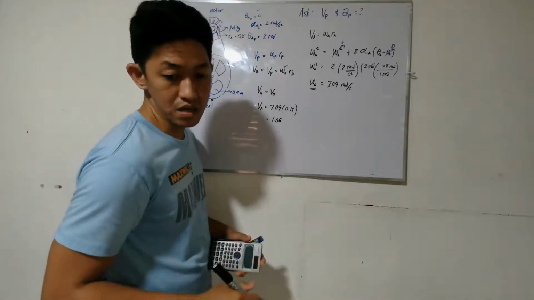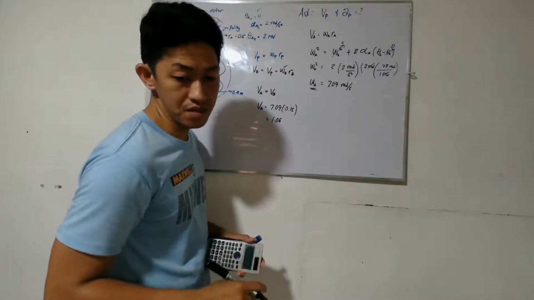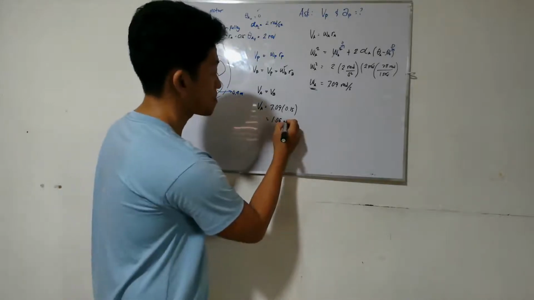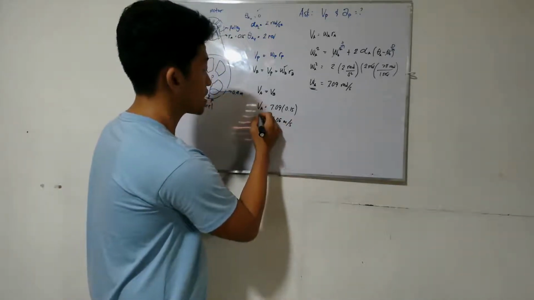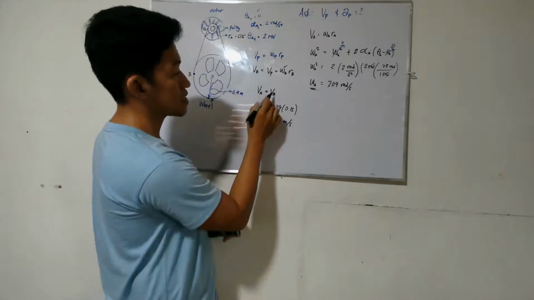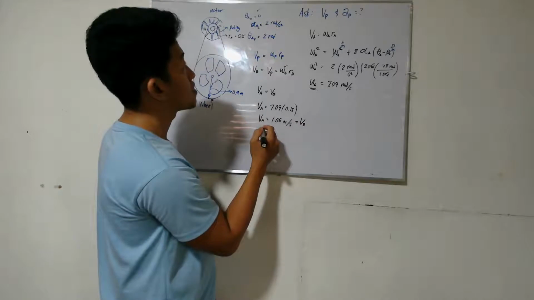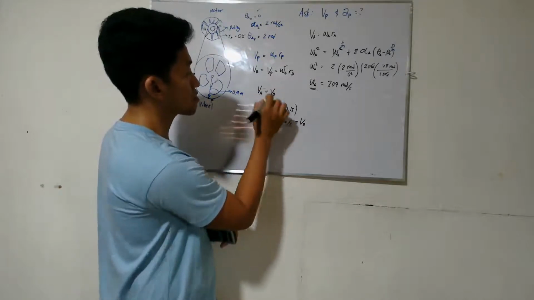The unit is meter per second. Okay. VA, again, is just equal to velocity B, and velocity B is just equal to velocity of P.